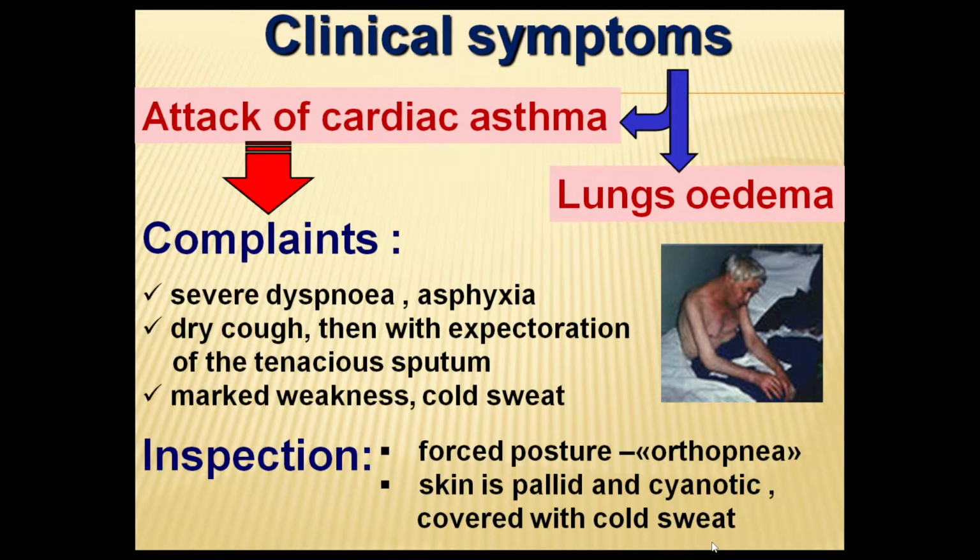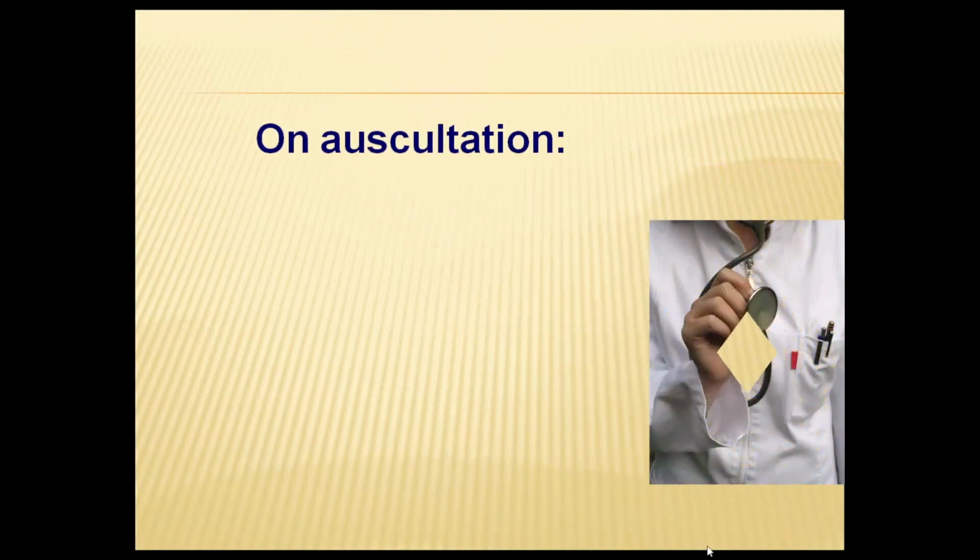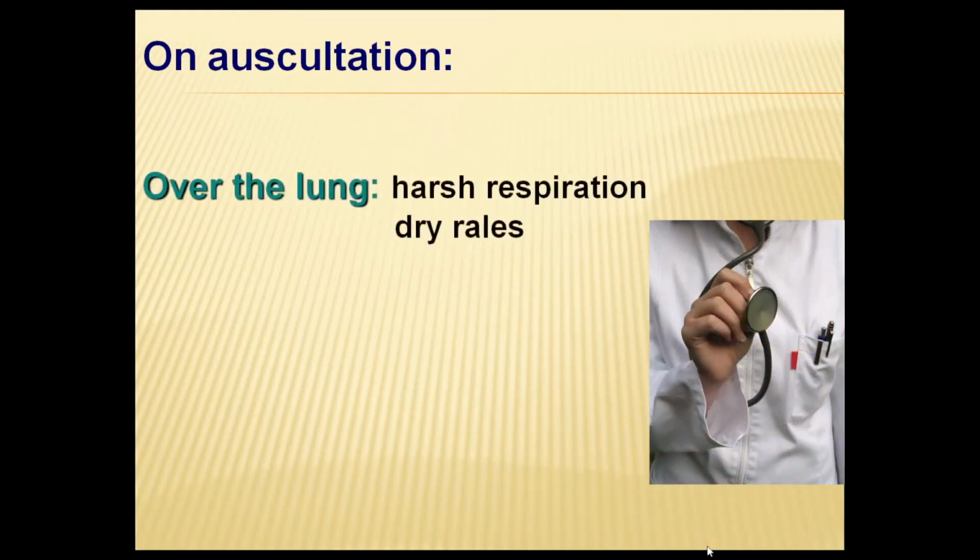Visible signs of acute left ventricular failure. The patient calls you due to severe dyspnea, asphyxia, and progressive weakness. You see the posture, cyanosis, and cold sweat. On auscultation over the lung you will hear rough respiration, maybe some dry rales due to accumulation of the viscous sputum in the bronchi.